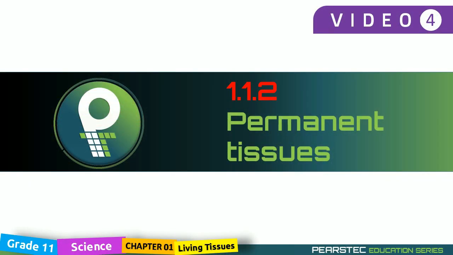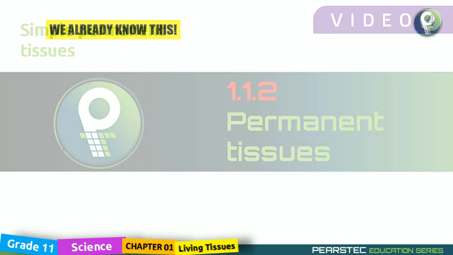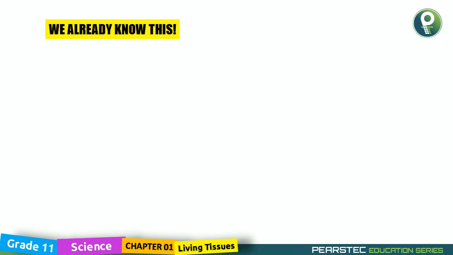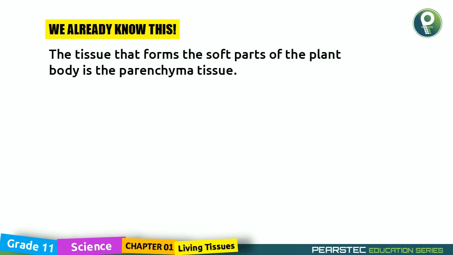So we are in this living tissue chapter, which is chapter number 1, and under it we are learning about permanent tissues, in that, the simple permanent tissues. Now, we already know these things. The tissue that forms the soft parts of the plant body is the parenchyma tissue.